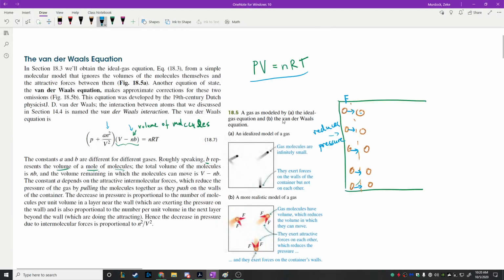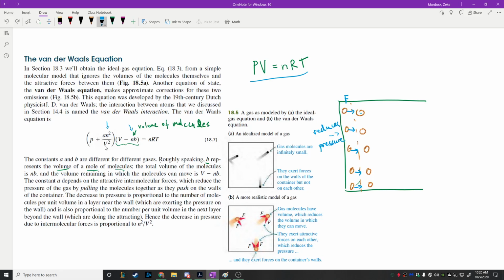Okay, so what does that mean? Would it be a negative or a fraction, like an inverse? Yeah, for sure. I wonder why they say it's a decrease in pressure, but then it really looks like an increase in pressure.